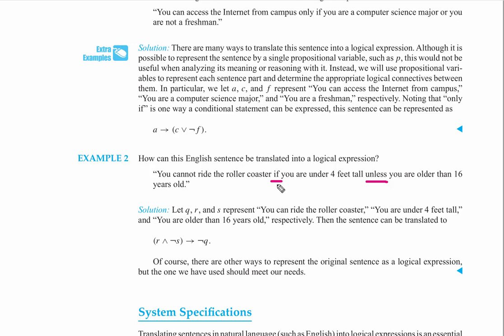There are different ways to think about this. We have an if here. So if you are under 4 feet tall, then you can't ride the roller coaster unless you're older than 16. So if you're older than 16, then you can ride the roller coaster.